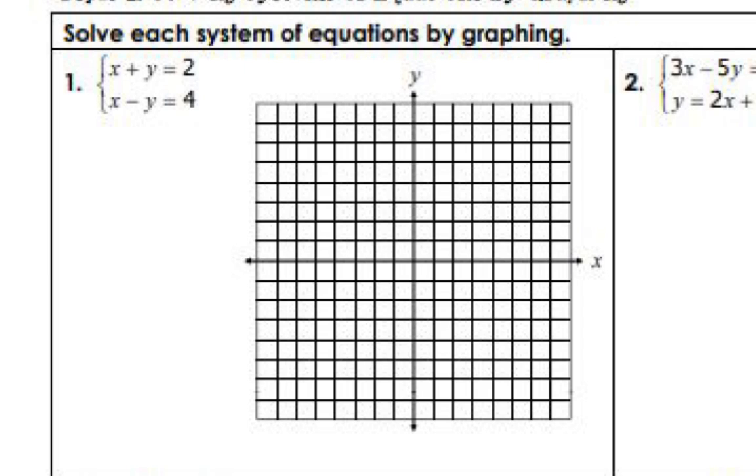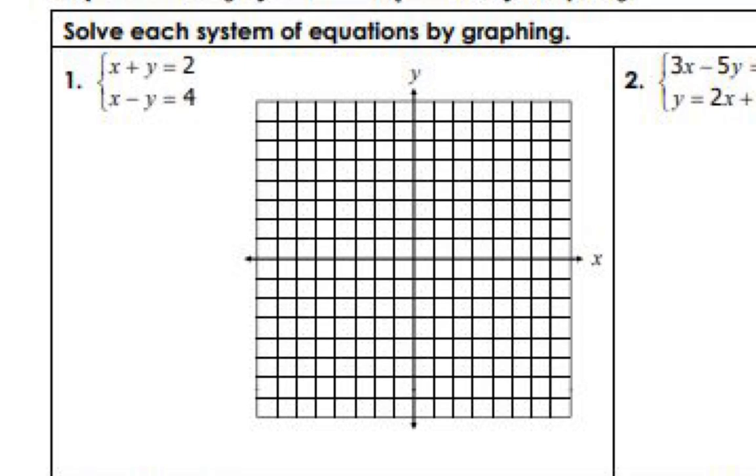I only like to do it if it's an integer, not a decimal. Or you can put it in slope-intercept form. If you remember, to find your x-intercept, you divide by the coefficient of x. To find your y-intercept, you divide by the coefficient of y.